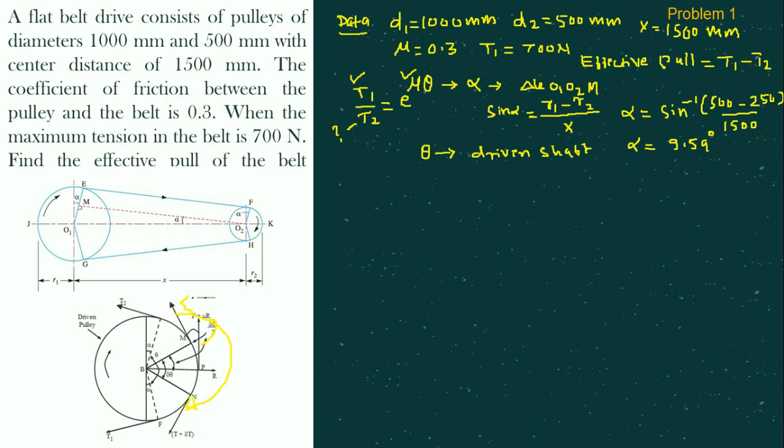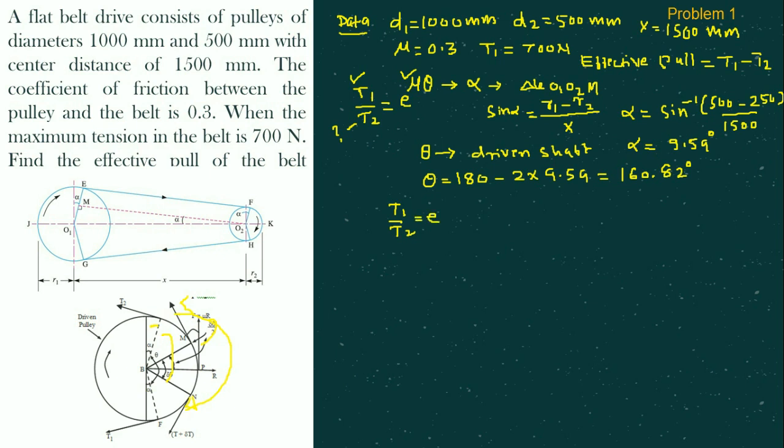This is alpha, this is theta. To know theta, it is nothing but 180 minus twice alpha. So let's calculate the same thing. Theta is equal to 180 minus 2 times 9.59, which comes out to be 160.82 degrees.